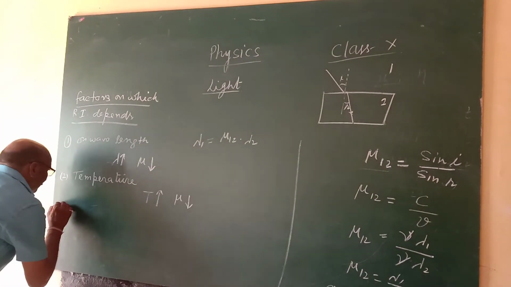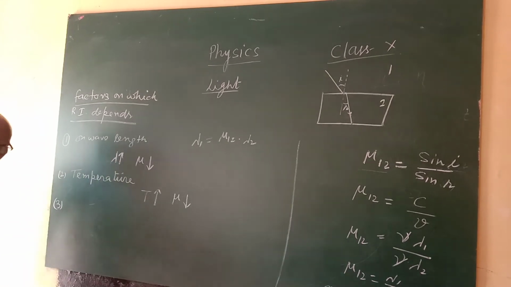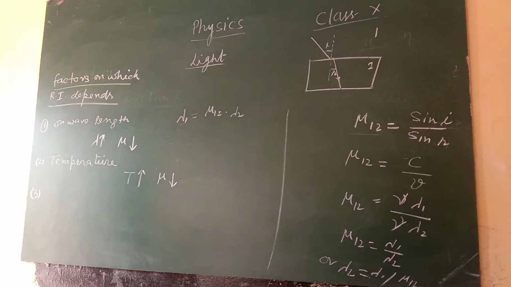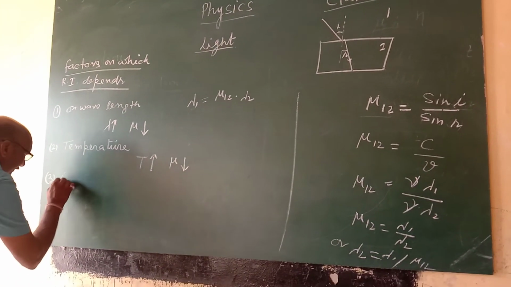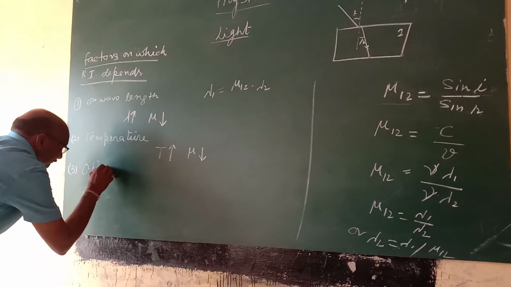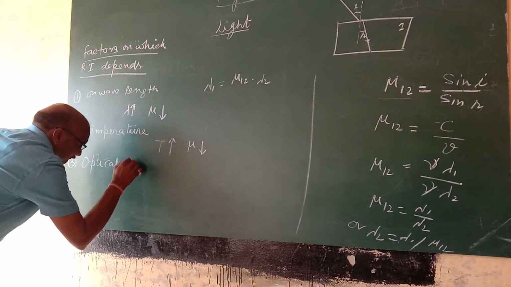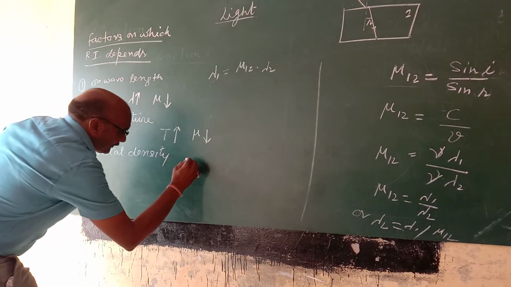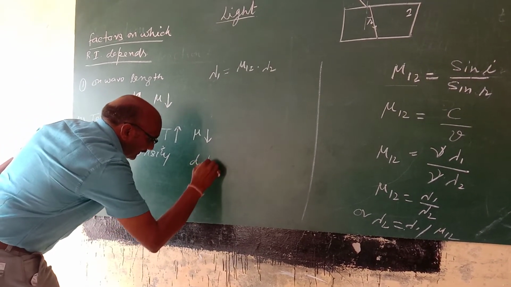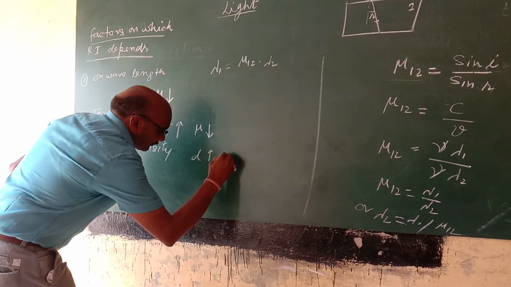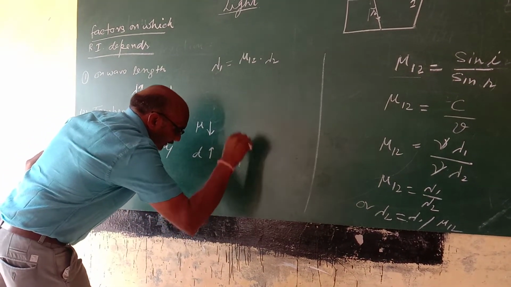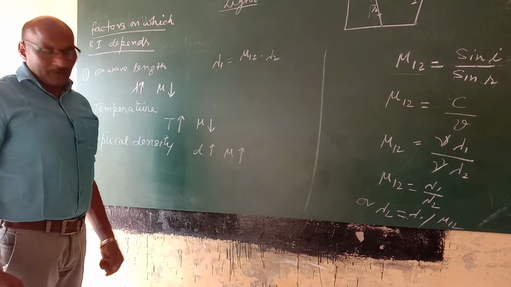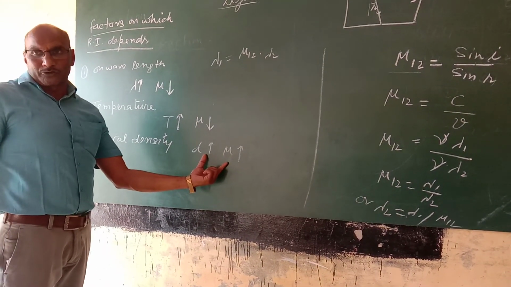And factor number 3 is optical density. When optical density increases, then the refractive index also increases. This is one factor which is directly proportional.